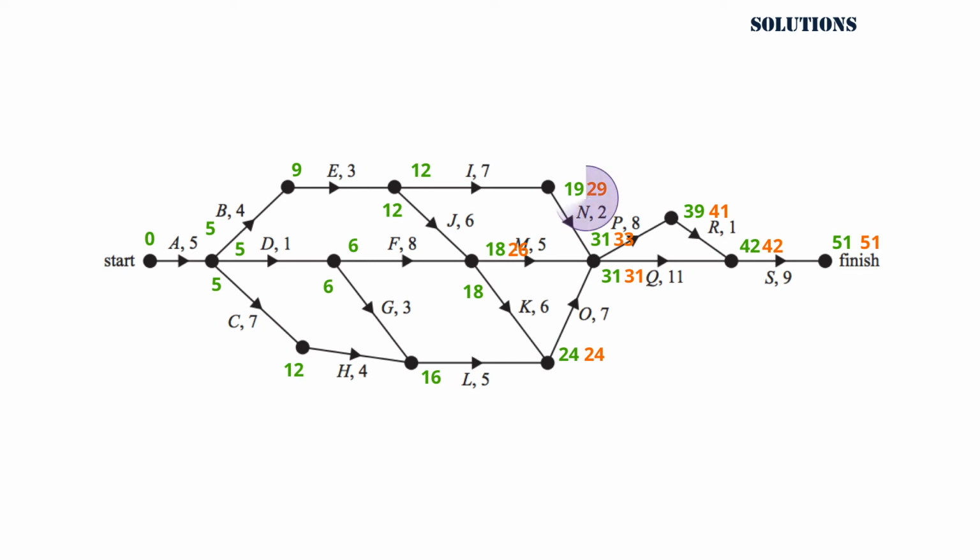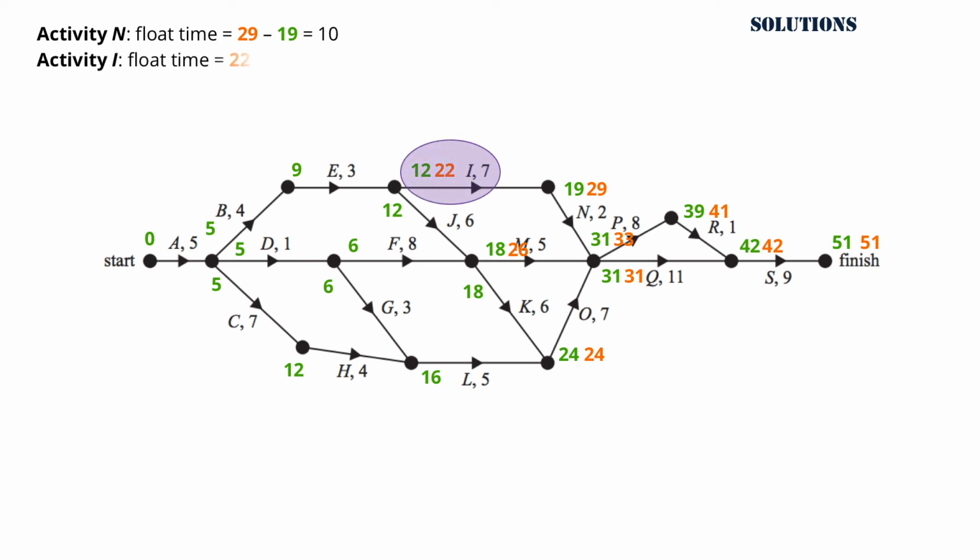We have just found the first activity that has a float time of 10. That is 29 minus 19. We have just found another activity that has a float time of 10, and that is activity I, with a float time 22 minus 12, which is 10.